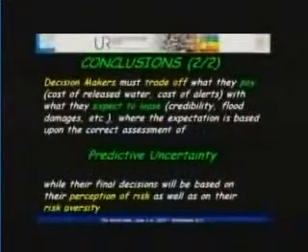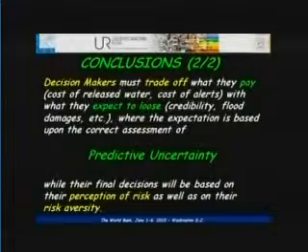Decision makers must trade off what they pay with what they expect to lose, and this expecting to lose is a combination of their own perception of risk and of the predictive uncertainty. The perception of risk is always still fundamental, but because each of them has a different way of looking at it.